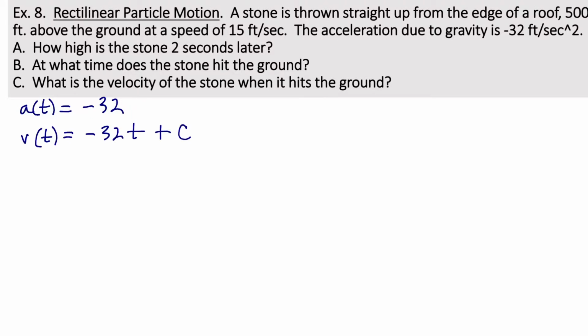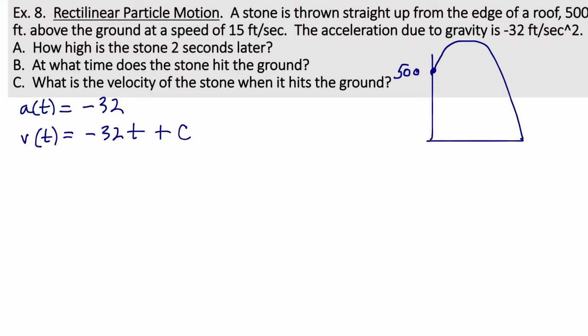Now I have to find my initial conditions for velocity. My initial condition says that a stone is thrown straight up from the edge of a roof at a speed of 15 feet per second. So what that's telling us is that the stone is going to start at 500 feet. It's going to go up and then down, but it has some initial velocity propelling it up, and that's 15 feet per second.